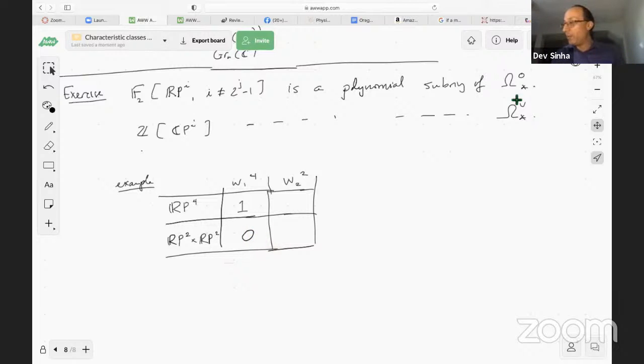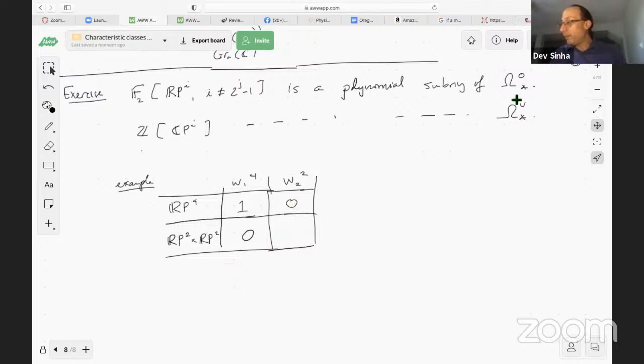W2 of RP4: its tangent bundle has the same characteristic classes as a direct sum of 5 tautological line bundles up until the last degree. So I look at Pascal's triangle, 1, 5, 10, 10, 5, 1, and because 10 is even, W2 is 0, so this is 0.